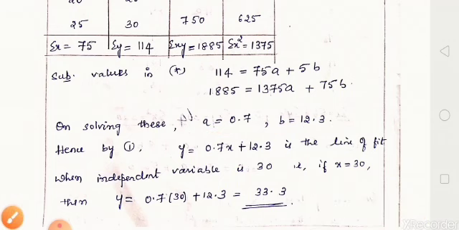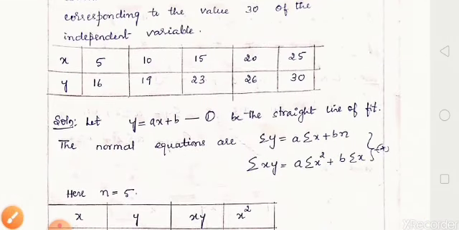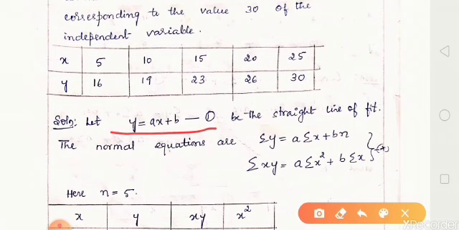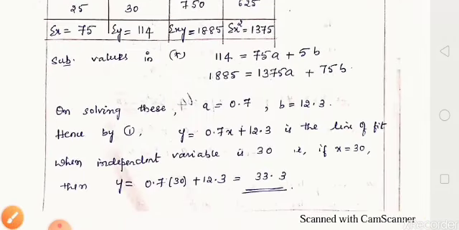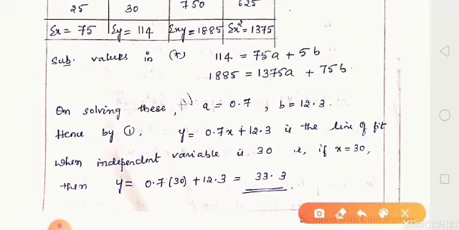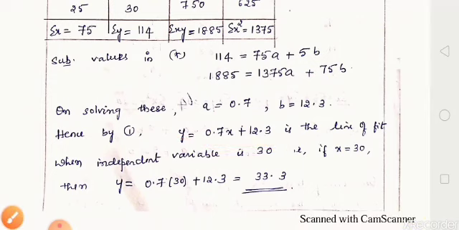The next work is we have to substitute values of a and b in equation 1. When you substitute a and b in equation 1, you will get the required straight line as y equal to 0.7x plus 12.3. This is the best fitting straight line for the given data.